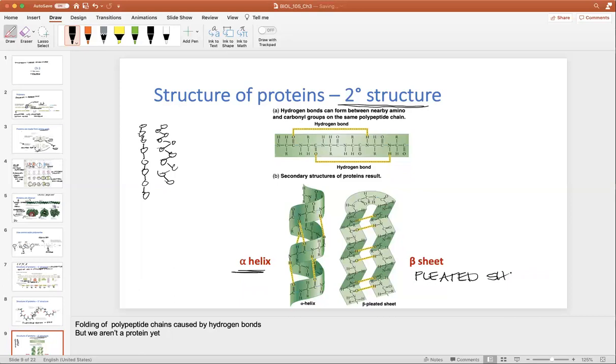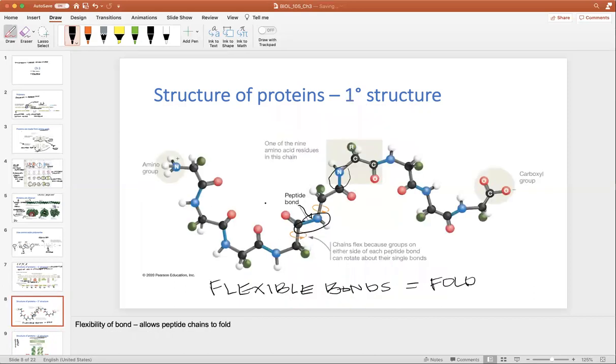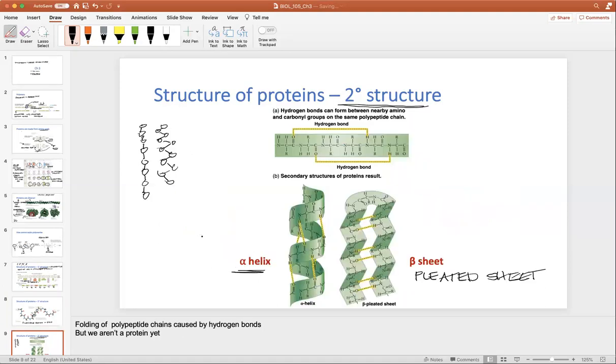And the reason that this happens is because those bonds were flexible. So primary structure, just to reiterate, is just the sequence of amino acids. Secondary structure is when we start to let those bonds be flexible and fold up in on themselves.